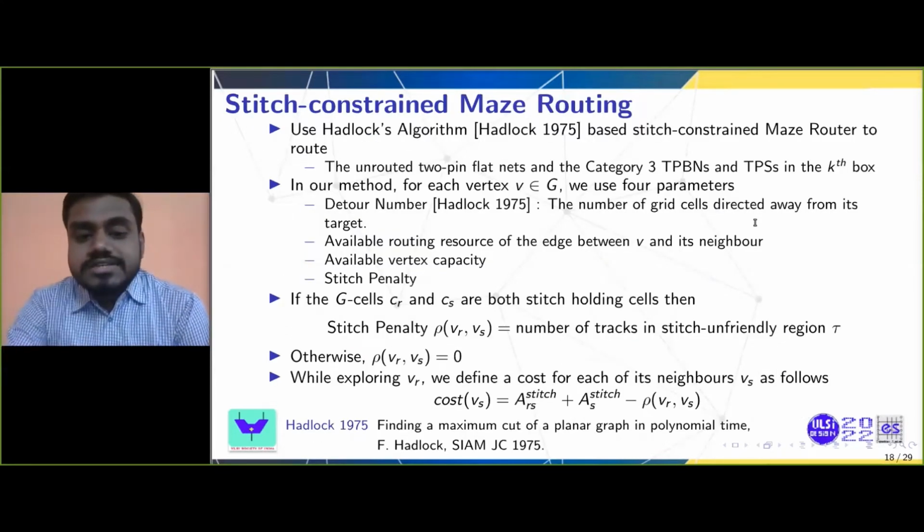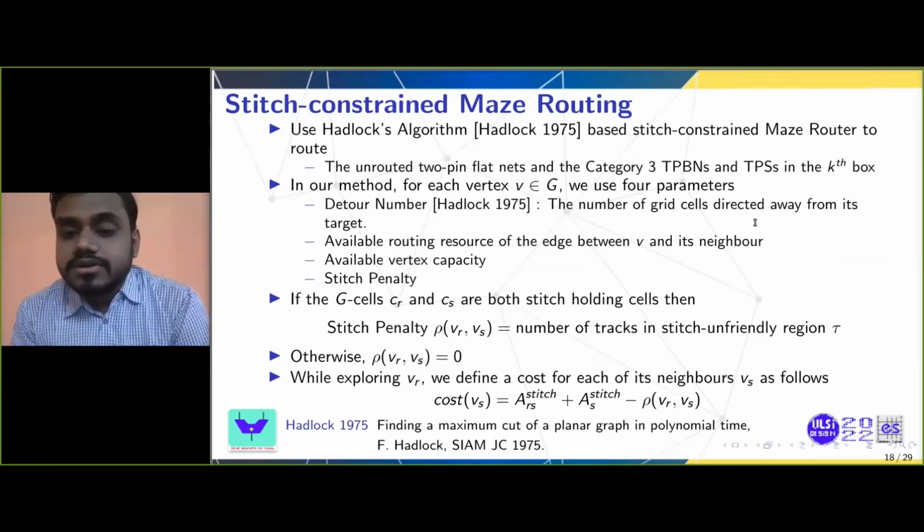Our proposed stitch constraint mesh routing is based on the Hadlock algorithm and is used to route the unrouted 2-pin flat nets and the category 3 TPBNs and TPSs in the kth box.